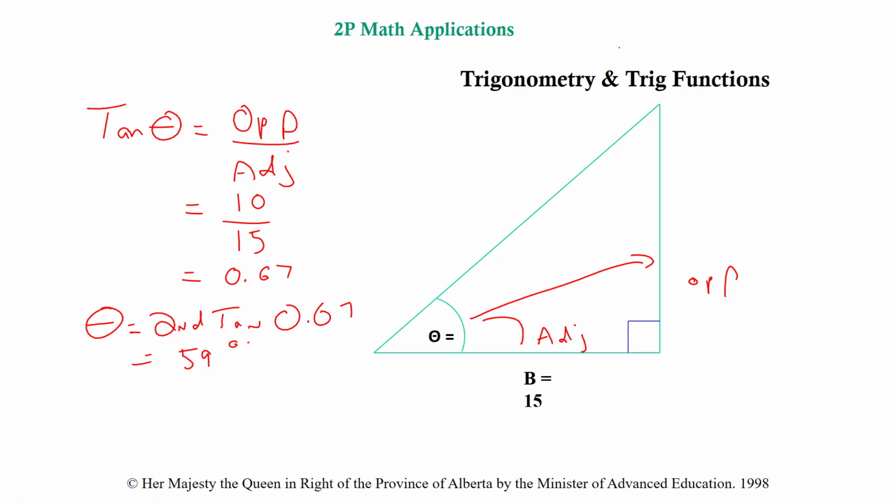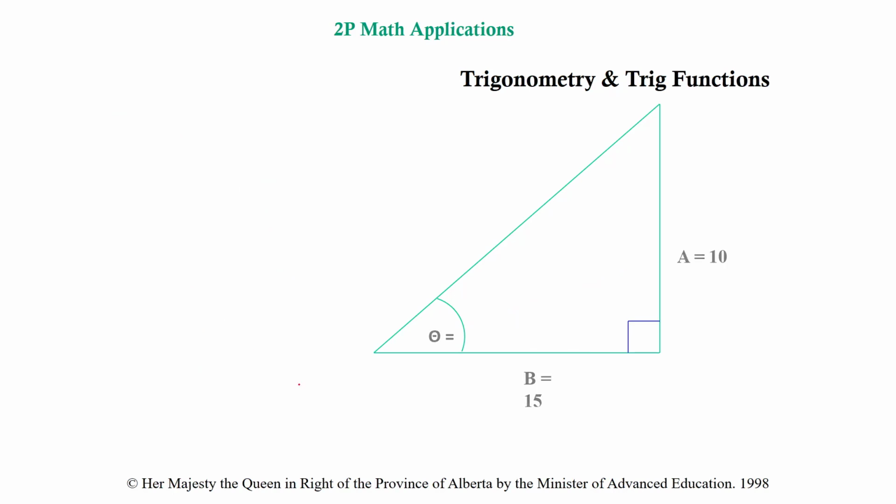Let's do one more where we're given the angle and we have to determine one of the sides. So we need two values. In this case, we're given the side opposite the angle, given the angle, and we need to know side B. Once again, we've got opposite, we need adjacent, and we have the angle.